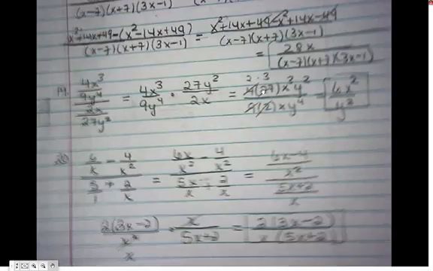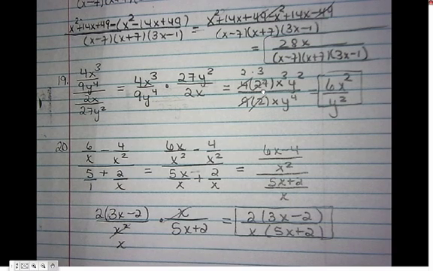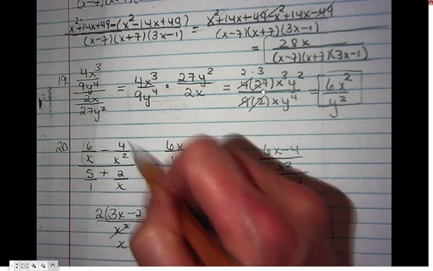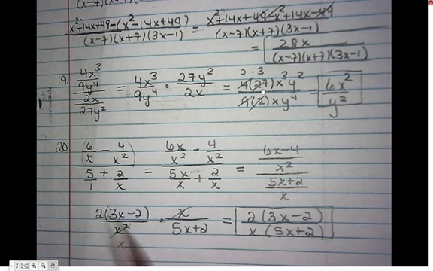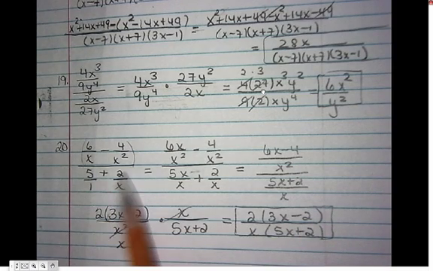Number 20, this is when you have a complex fraction. A complex fraction actually takes everything we've done in the unit and throws it into one problem. So on the top, you're going to find your LCD, like we did in section 5, build equivalent fractions like we did in section 6, subtract like we did in section 4. And then the same thing in the denominator. So it's like 2 mini problems.